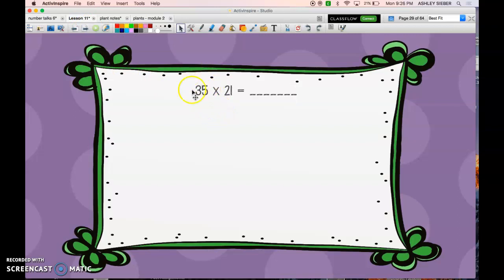I didn't learn my 35s, and I didn't learn my 21s. So when we have a 2-digit times a 2-digit number, we're actually going to break apart both numbers. So instead of a rectangle, this time I'm going to draw more of a square. It needs to be a little chunkier. I'm going to move my square down a little bit so I have room at the top.